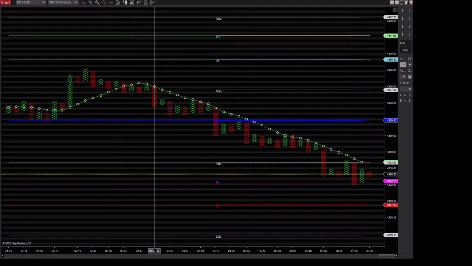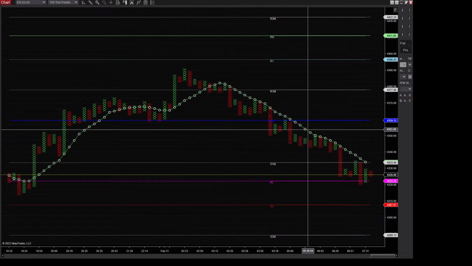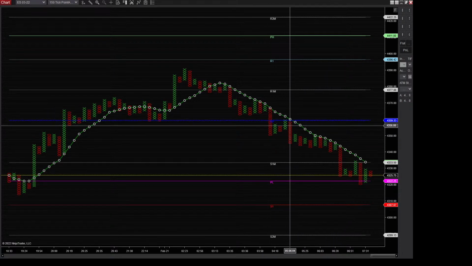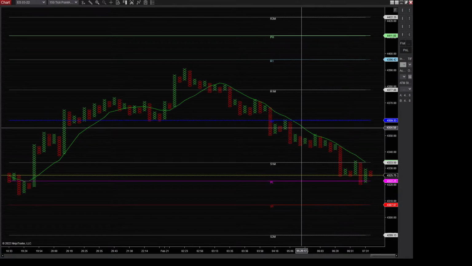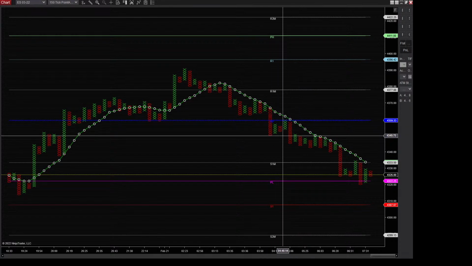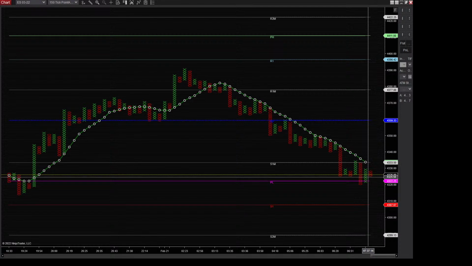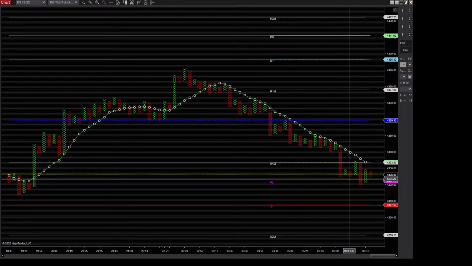This is the ES. You see that ES is going down. The moving average is the 10 bars moving average. If it's below, I'm bearish. If it's above, I'm bullish on this one.